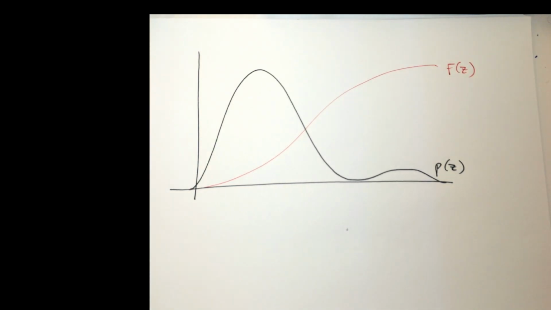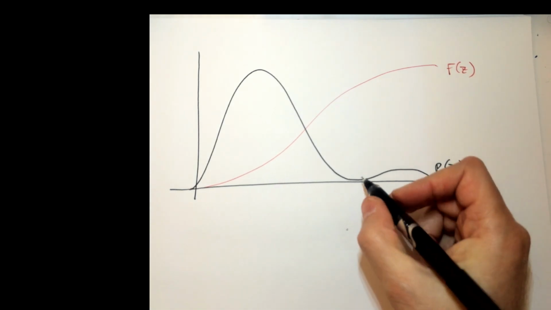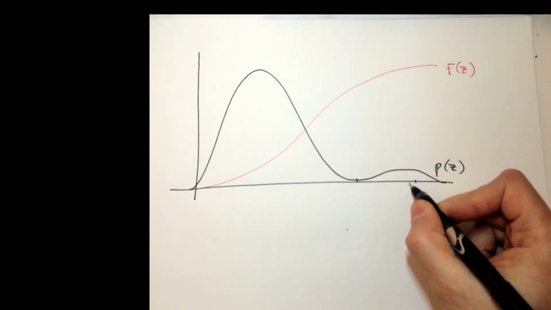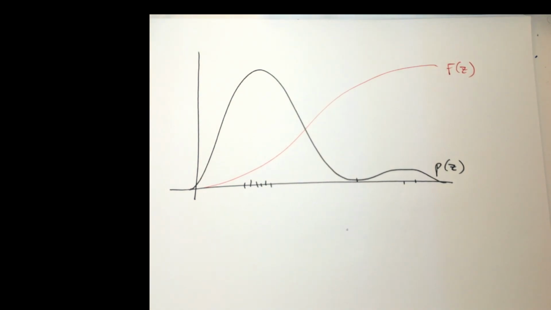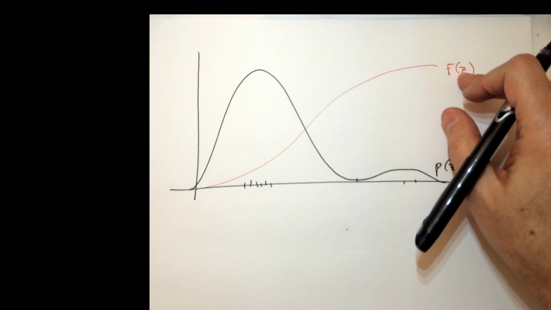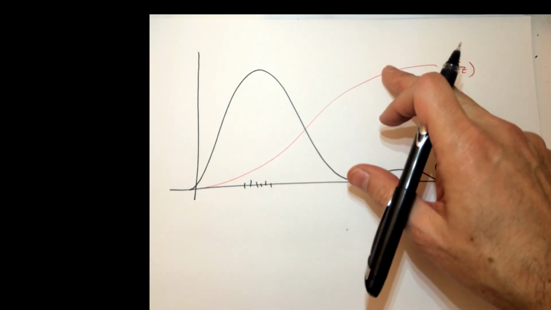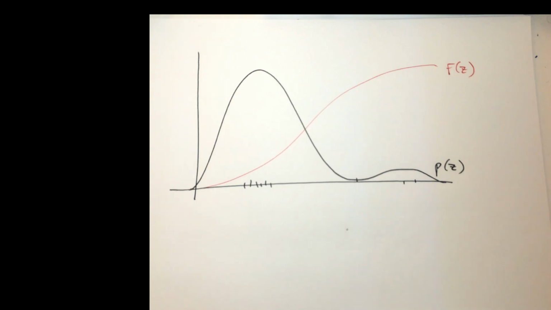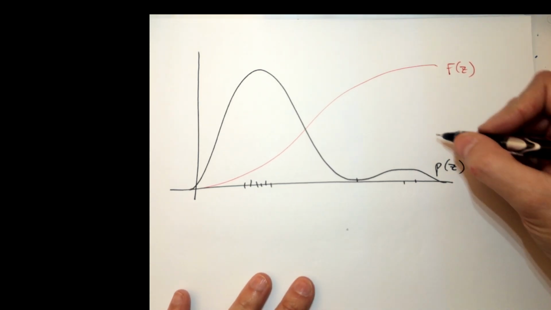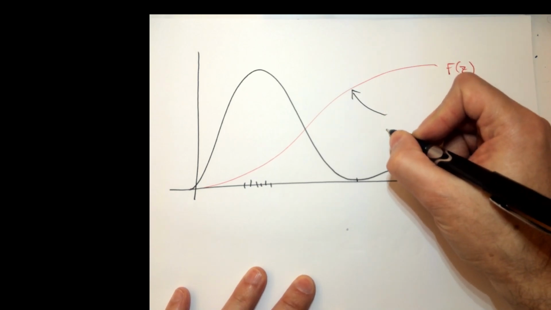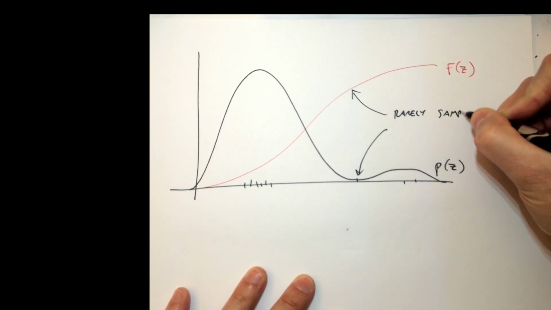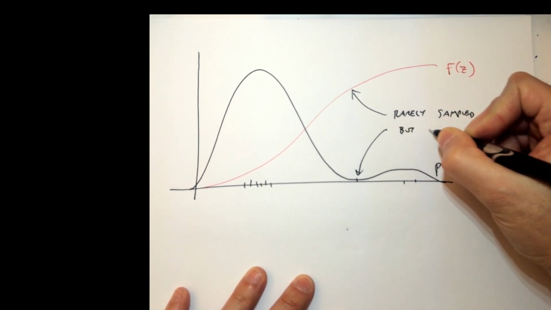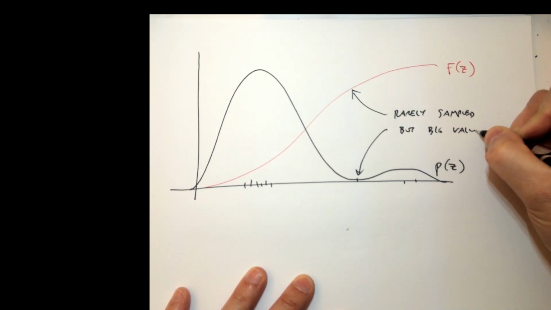Well, the problem is that if I'm sampling according to the underlying P of z, then I'm going to get very few samples that are over here and lots of samples that are over here, right? But the thing that I actually care about, this red function, actually is pretty small over here, and it's pretty large in places where things are not well sampled, right? So let's just say that here, this is kind of like saying, rarely sampled, but big values.